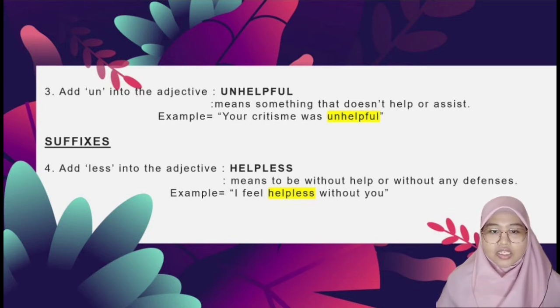Now we get the adjective helpless, and it means to be without help or without any defenses. For example, I feel helpless without you. So, from that root word help, we have a word family that includes helper, helpful, unhelpful, and helpless. That's all from me. Thank you.